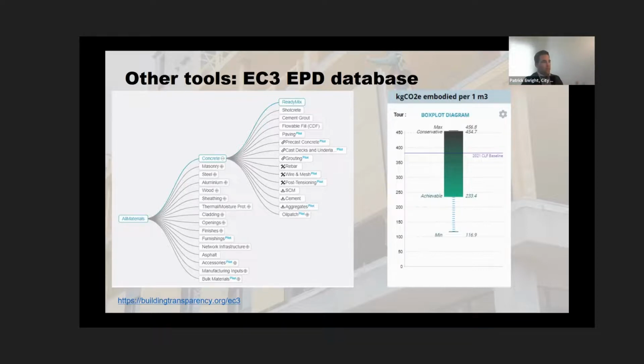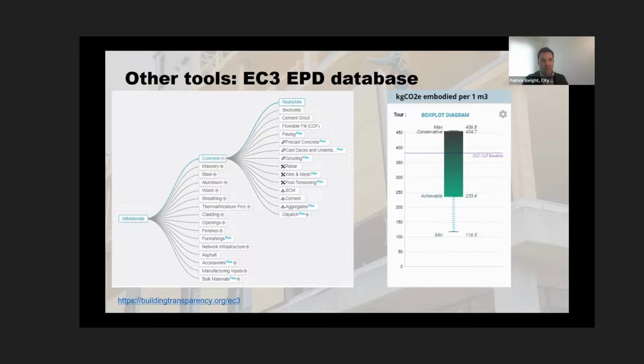You can zoom in on a specific material and actually look at the different ranges. And it can be very informative to understand, in this case, say looking at the concrete mixes made in BC and their different ranges in carbon intensity.